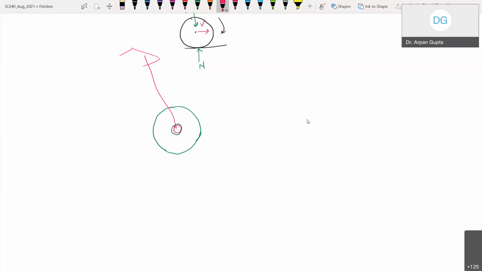If this green wheel has to rotate clockwise so the cycle moves in the forward direction, then with respect to the axle this green wheel is rotating clockwise, and therefore there will be a friction force.